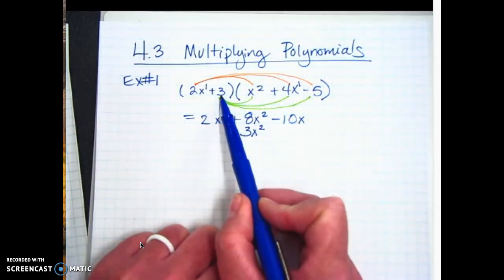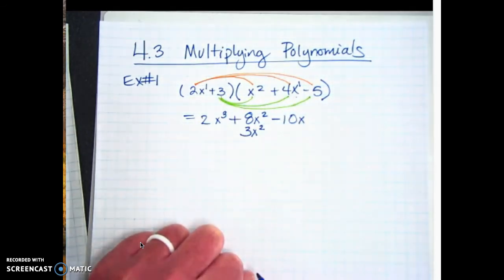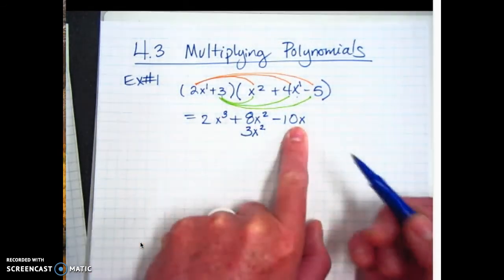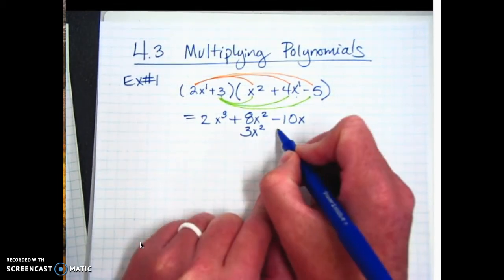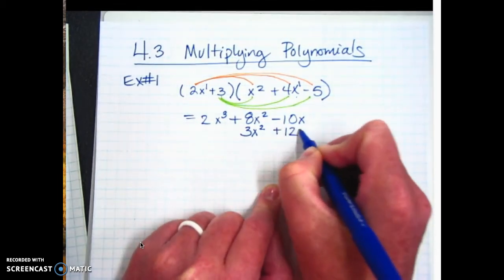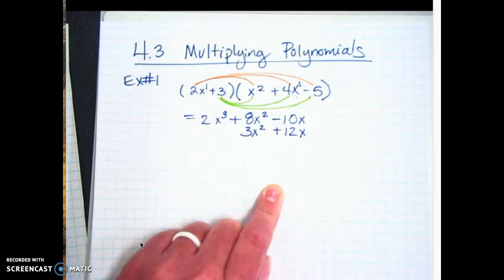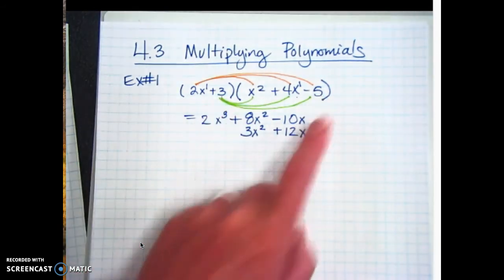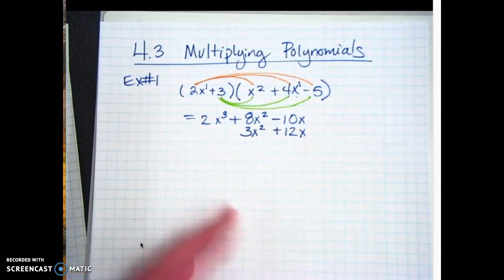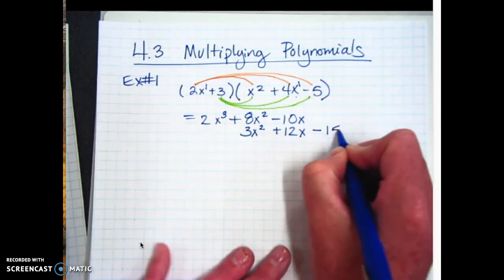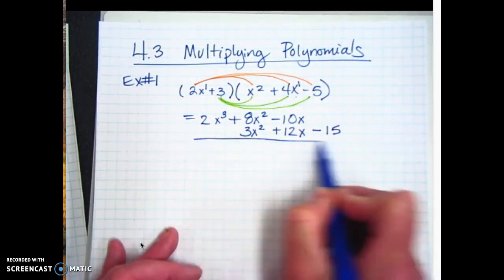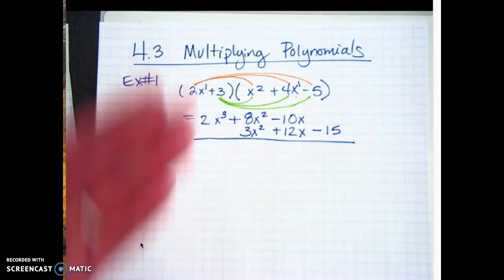Now I'm going to multiply 3 times the 4x, which is 12x, which will be a like term with this one. So directly underneath it, I'm going to write plus 12x. Then I'm going to multiply the 3 times the negative 5. I don't have any other constants, so I'm going to write it at the end by itself over here. Now, since I lined them up vertically, all I need to do is combine them.